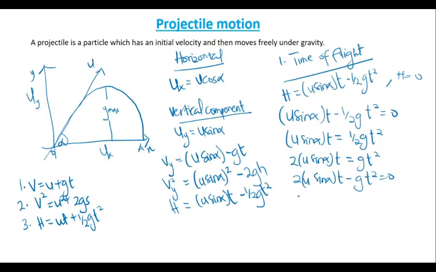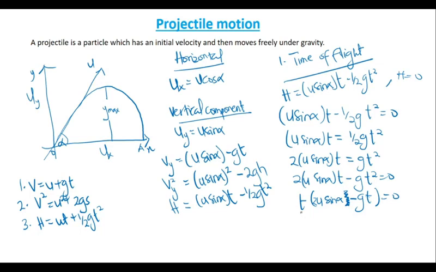So we have t outside, then into brackets 2u sine alpha minus gt. Alright, so if we factor t out from here, this is what we get, is equal to 0.